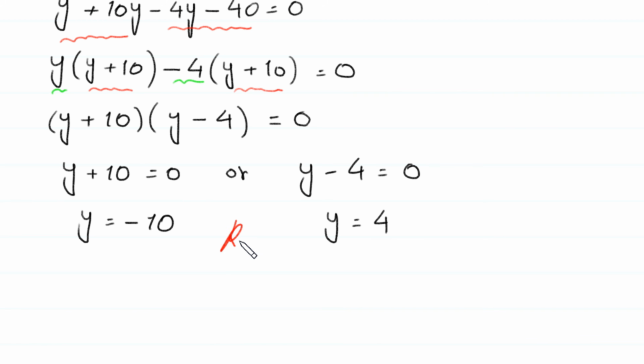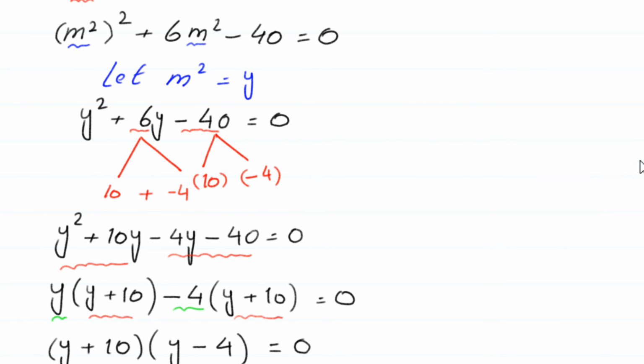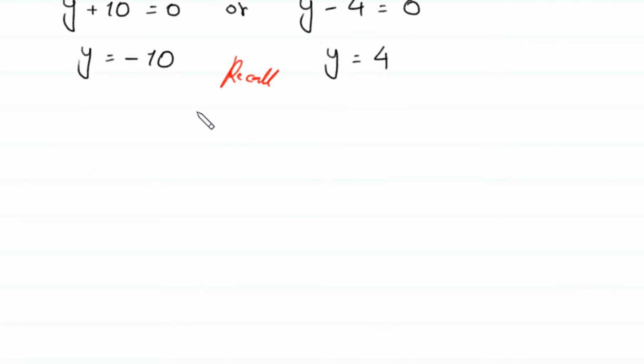Now recall that we have supposed that m squared is equal to y. To find the value of m in this equation, first we put the value of y negative 10. m squared is equal to negative 10.